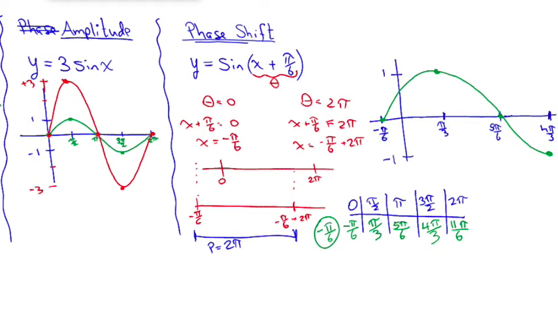If you lengthen the period, it's the opposite, an inverse relationship. So what about a change in period? Squishing and stretching, I always think of it as an accordion.